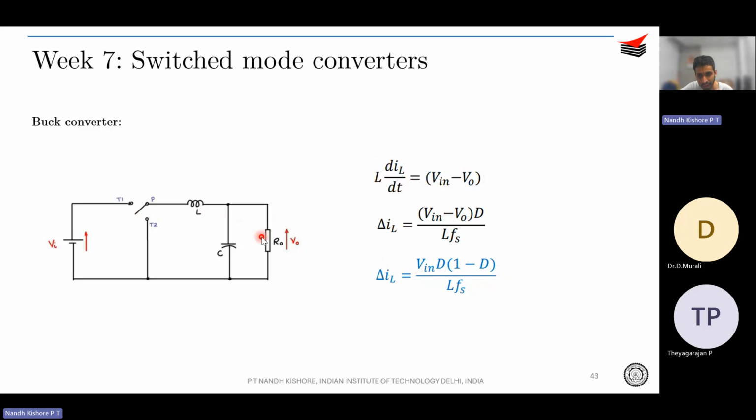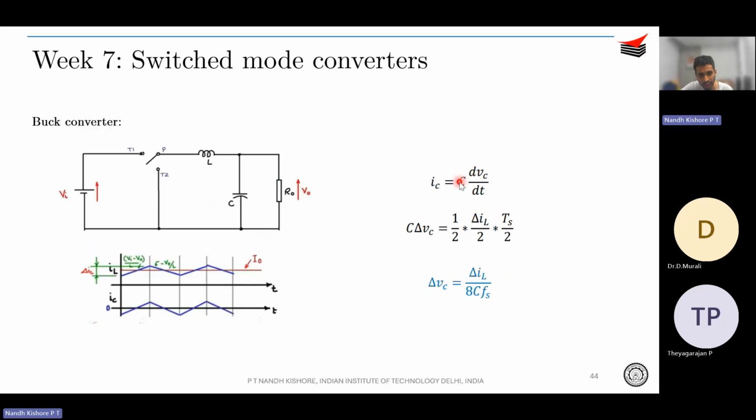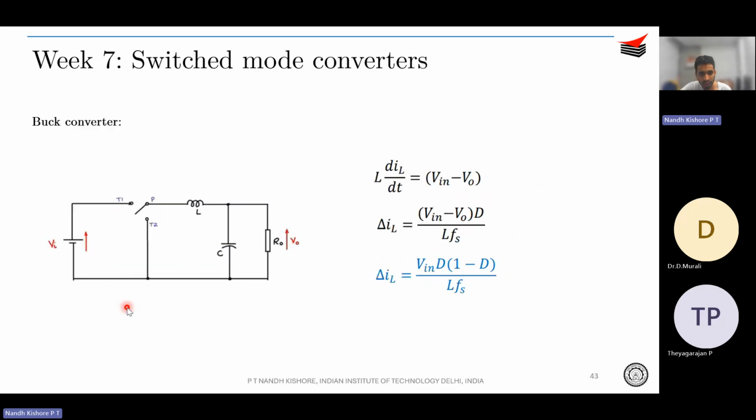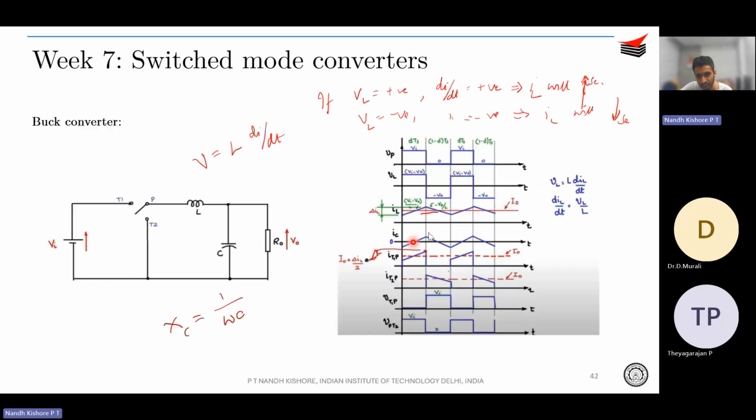And similarly for capacitor, I is equal to C dV by dt, correct? You apply charge balance over here. So C into delta V, C into dV is equal to I into dt. I into dt is basically the area, right? So we just drew the capacitor current.